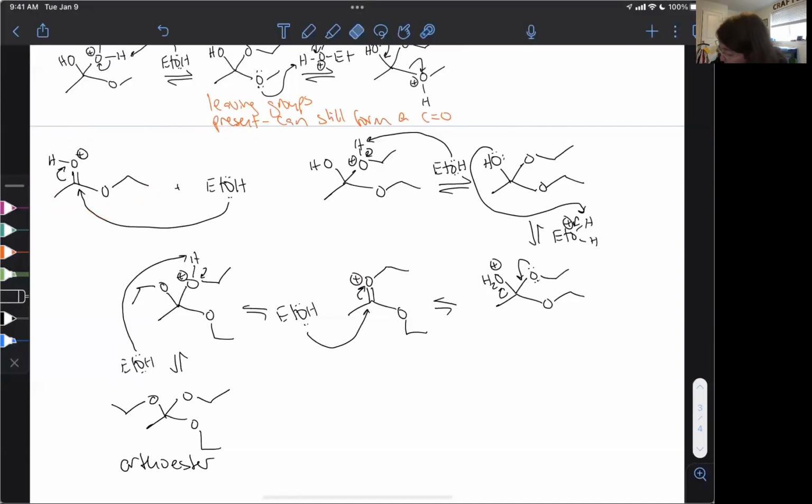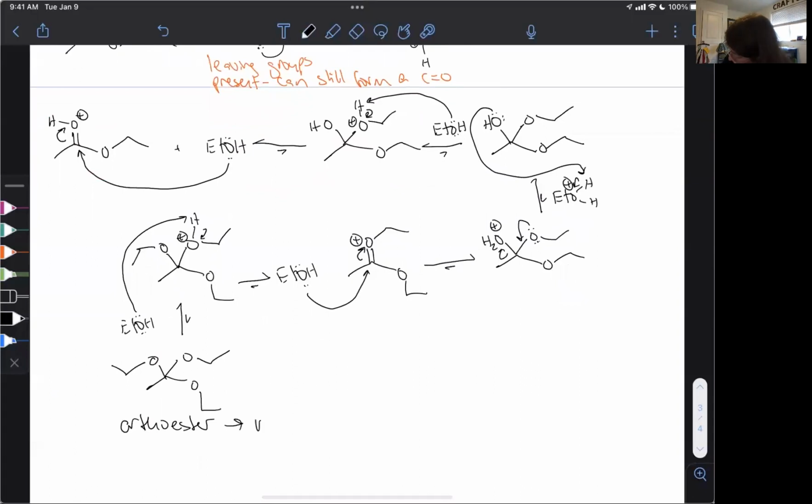If we change these arrows to be more realistic, all of it is heavily favoring the starting materials. So the orthoester is not favored in these conditions.